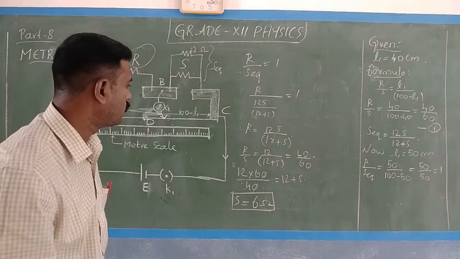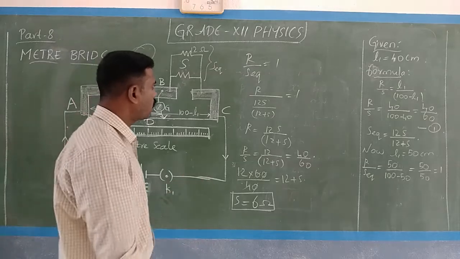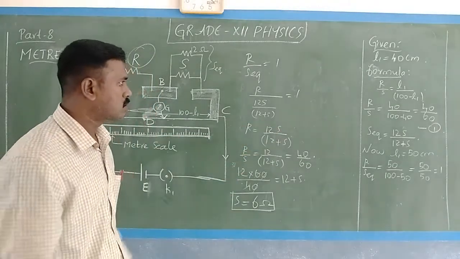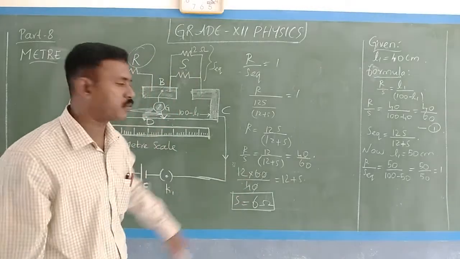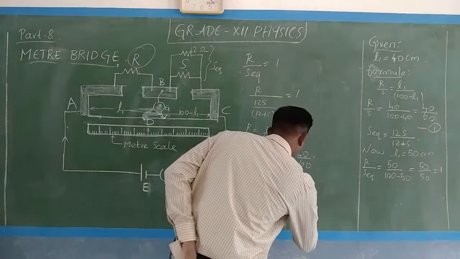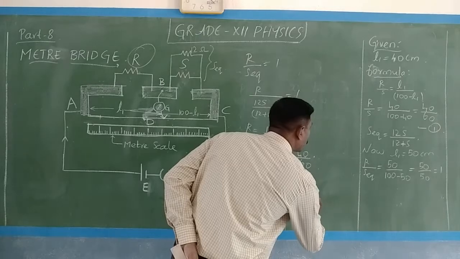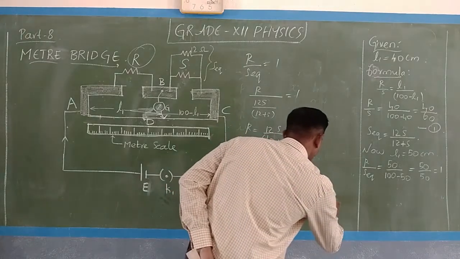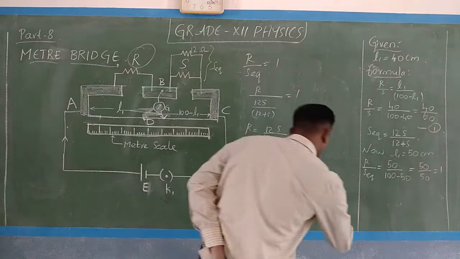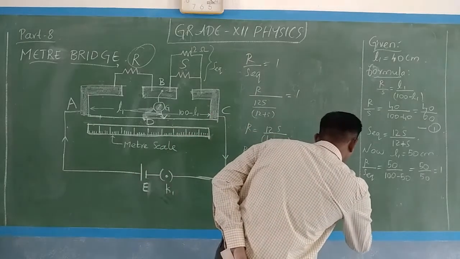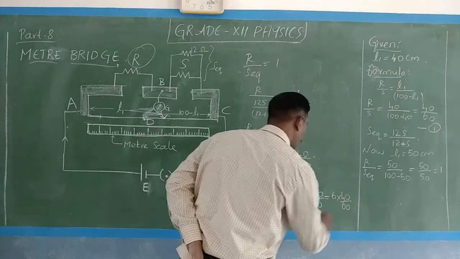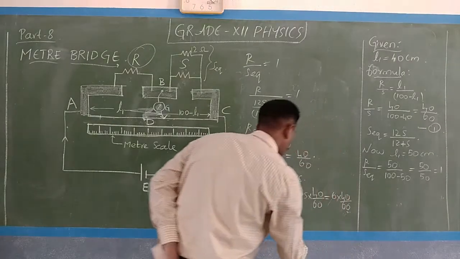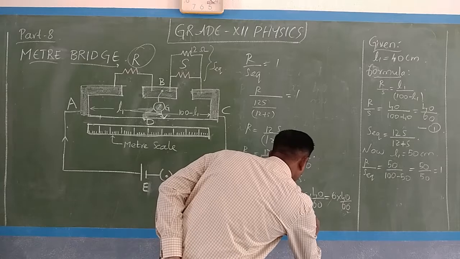Okay. Then the value of R, the same thing you substitute in the first equation. So if I know the S value, I can find the R value. So R by S is, R equal to S into 40 by 60. So which is 6 into 40 by 60. 6 times 10 is 4. So R equal to 4 ohms.